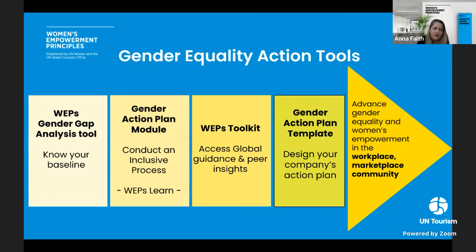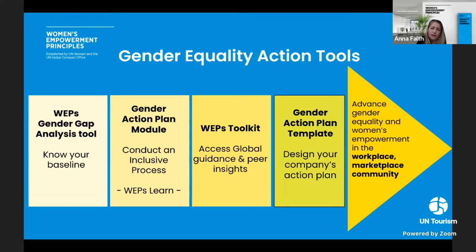There might be lots of ideas that you haven't thought about, and particularly, as I mentioned earlier, for WEPs 6, engaging in the local community, they might have plenty of ideas on how you can contribute to gender equality, but also expand your segments in your business. So this module helps you understand that better.